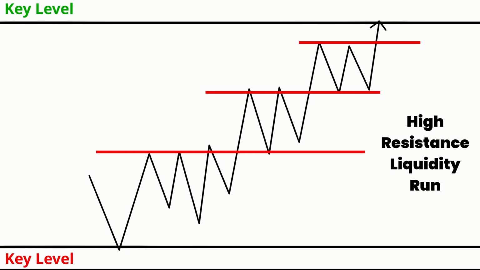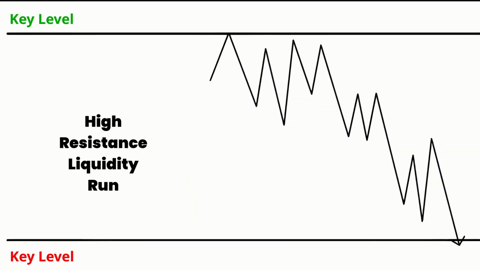And because it is the case, this is a high resistance liquidity run environment in which there is a lot of resistance towards the upside, meaning that price is struggling with moving through the price levels right here, and that it's tapping those levels many times and rejecting them before it's finally allowed to displace above them. And that right there is a sign of a slow market, a market that's not in a rush to get to this key level right here.